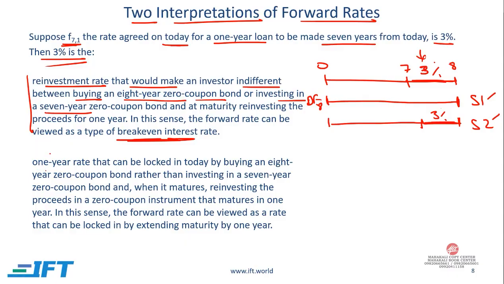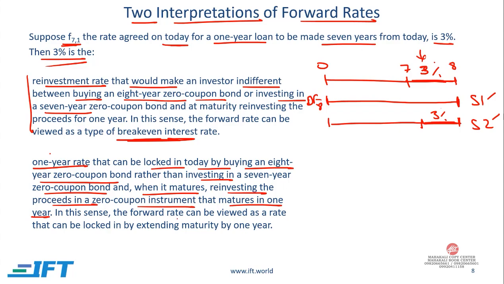The other interpretation is that the forward rate is the 1-year rate that can be locked in today by buying an 8-year zero coupon bond rather than reinvesting in a 7-year zero coupon bond, and when it matures, reinvesting the proceeds in a zero coupon instrument that matures in 1 year.